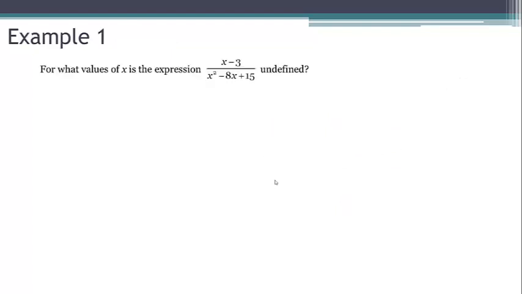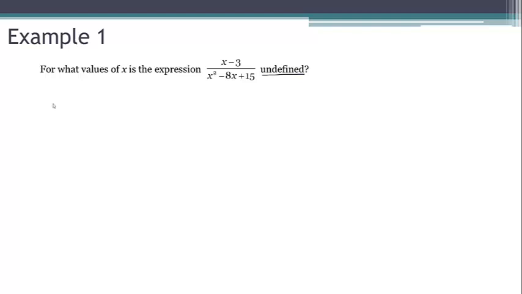And we have a name for this situation. These values that make the denominator equal to 0, those are the values where the rational expression is undefined. So if we have a question like this, for what values of x is this specific expression undefined? What that's asking is, in practical terms, what values of x make the denominator equal to 0?